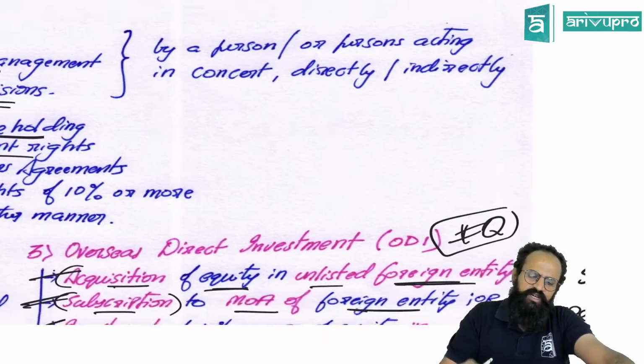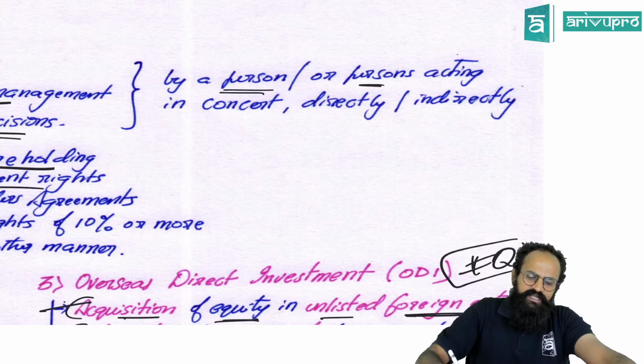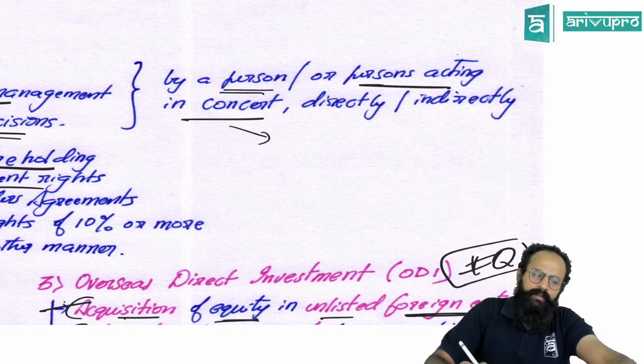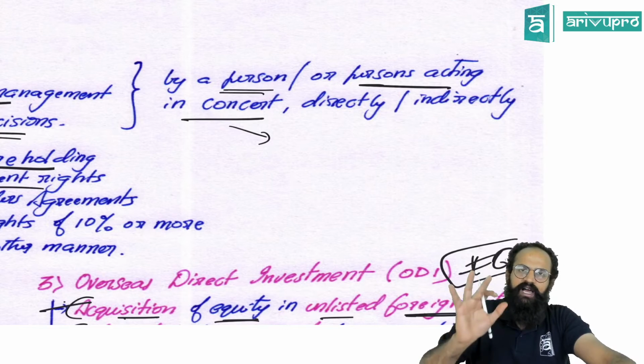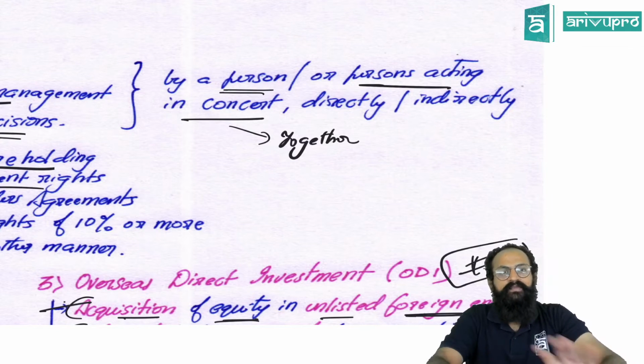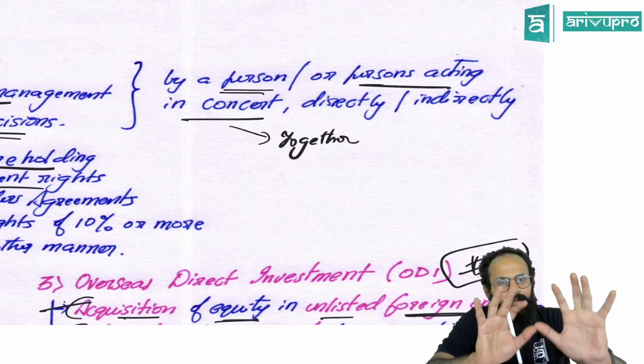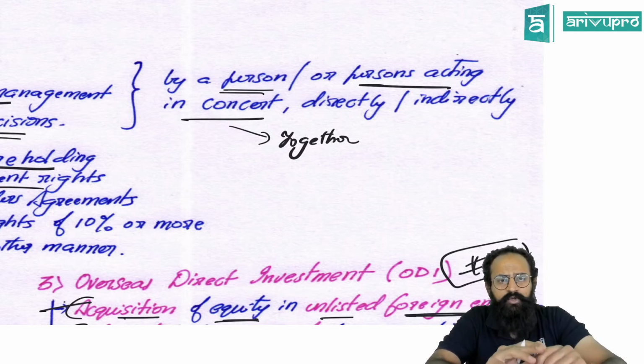Sir, what we wrote here, people, that control, you can exercise it alone or as a person acting in concert. Concert means, people, not singing. I'm talking about together. When people come together, this is called concert. So the control can be exercised by one person or by people coming like a pack, meaning everyone coming together.